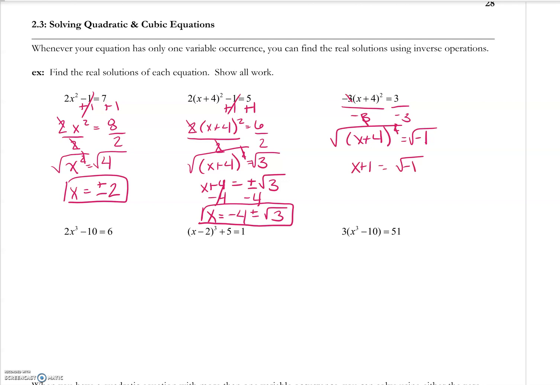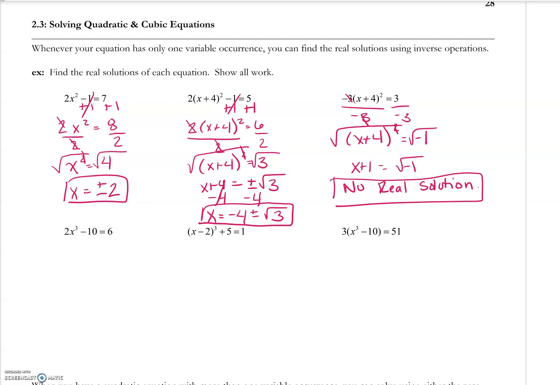At this point, we ask ourselves what number times itself gives us this negative 1. And we have to remember that square roots of negative numbers do not exist in the real number system. So here we would write no real solution. Whenever you get the square root with a negative under it, we say no real solution.